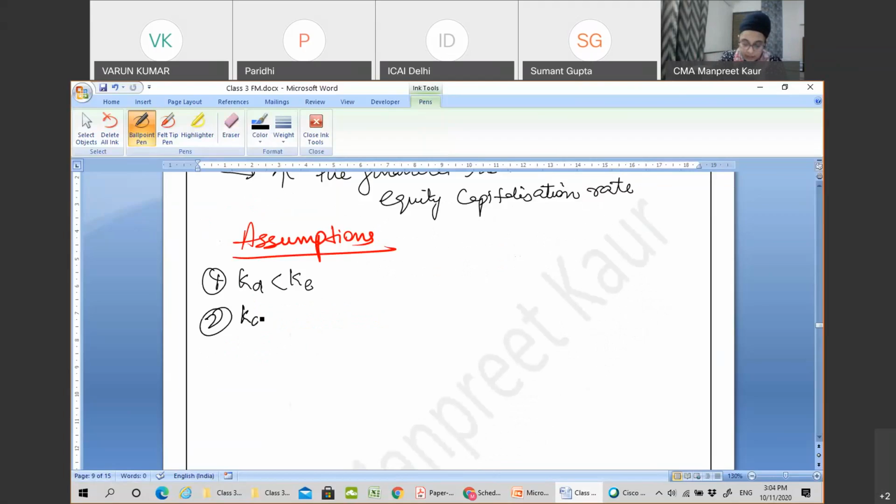Second is also the same, KD remains constant at various levels of debt equity mix.